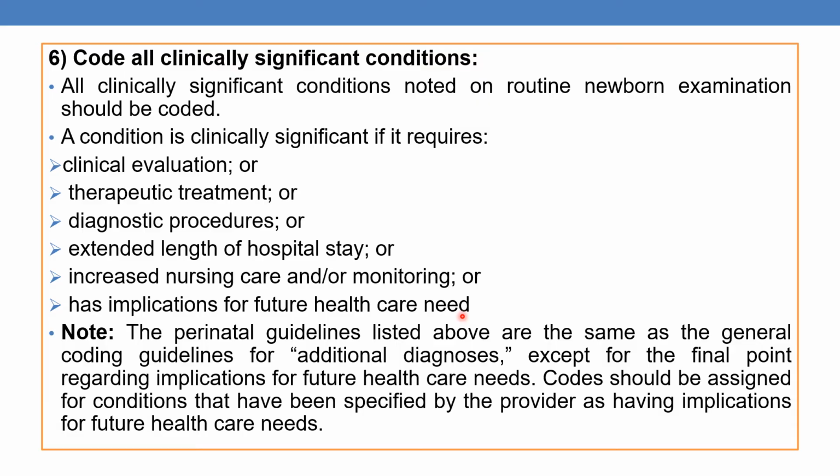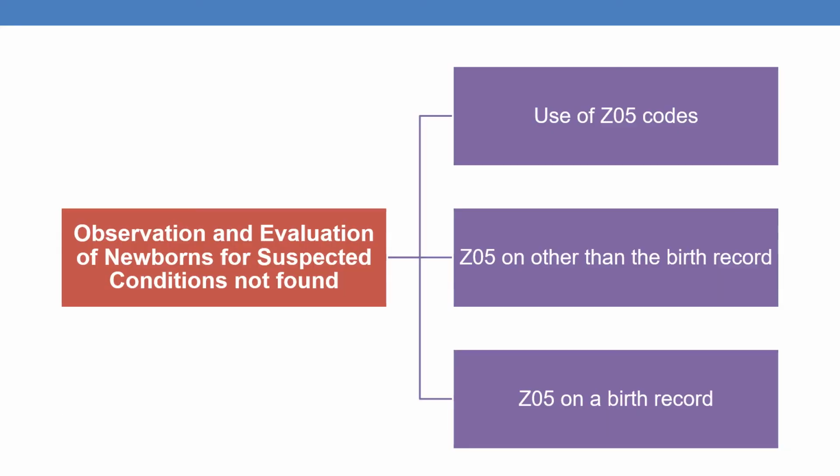That condition may require some sort of healthcare in the future. So even such kinds of conditions can be coded, especially in the case of newborn examinations, not all examinations.